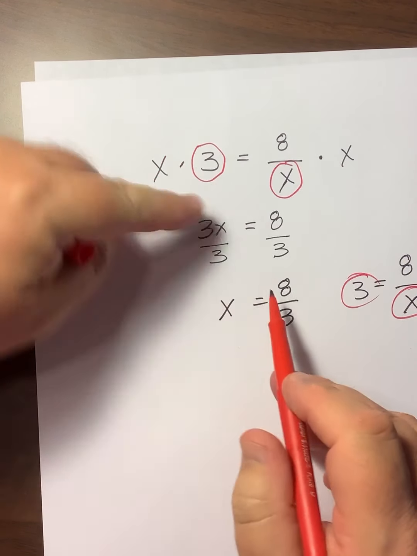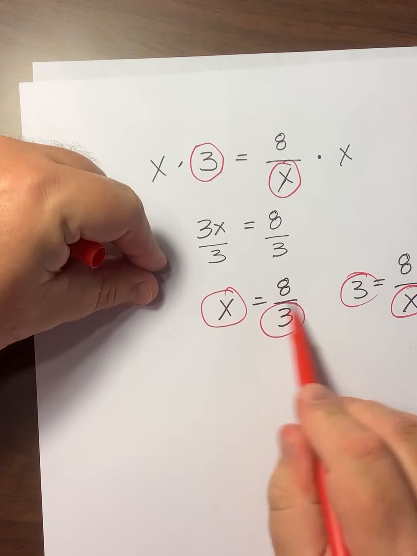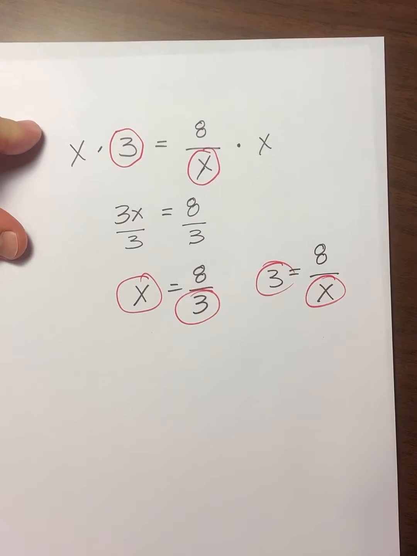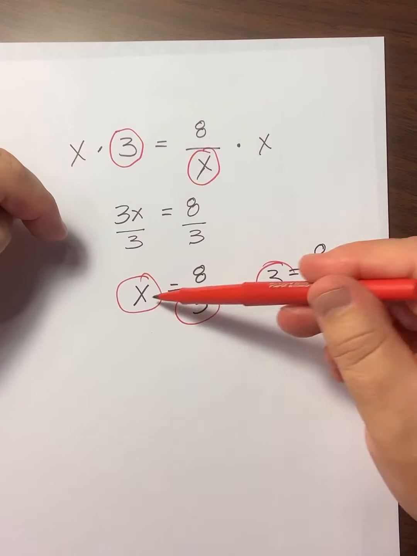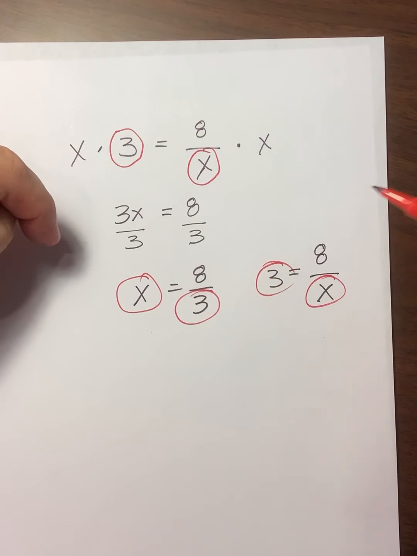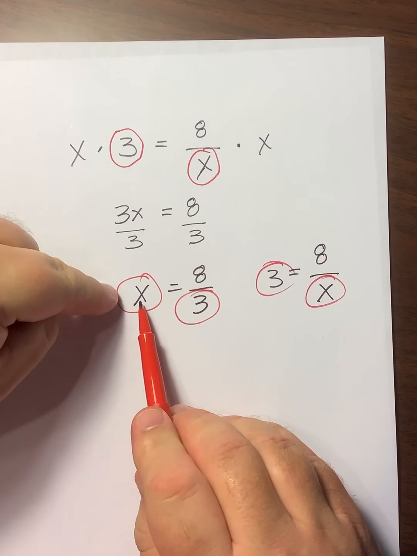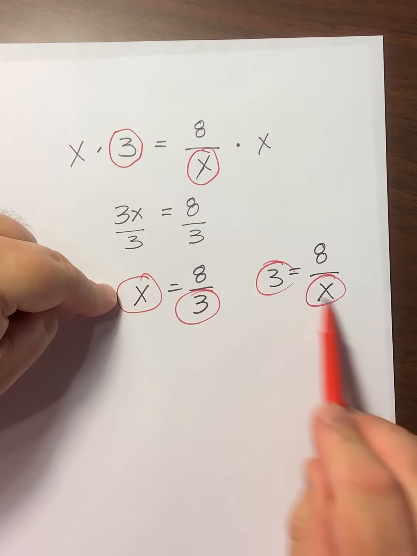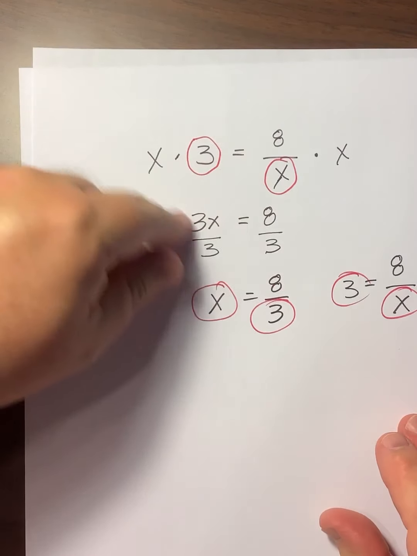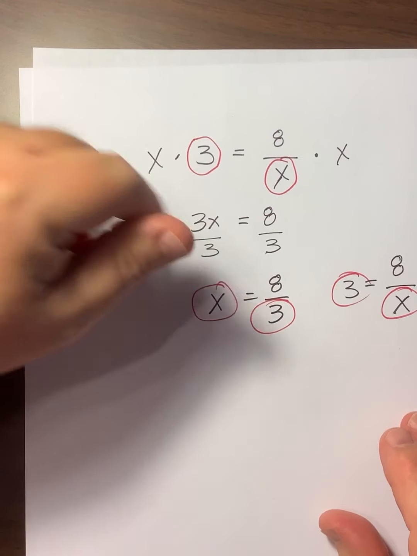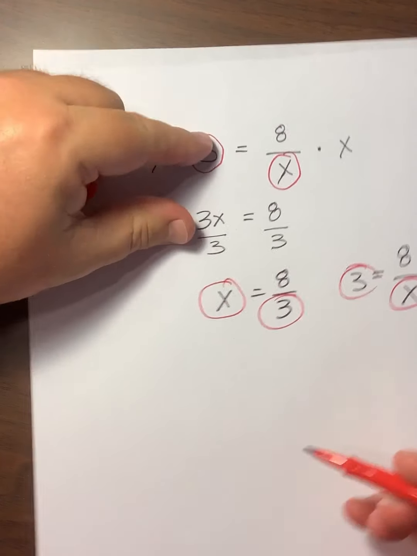And you notice after doing this work, do you notice where they are in relation to each other? They just have swapped spots. They literally have just swapped spots. The x moves to the other side, and the 3 moves down to the denominator position via this 2-step algebra problem.